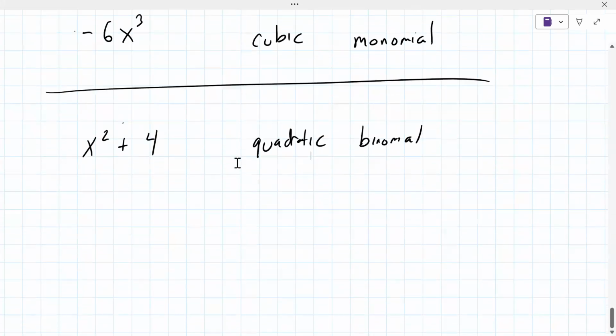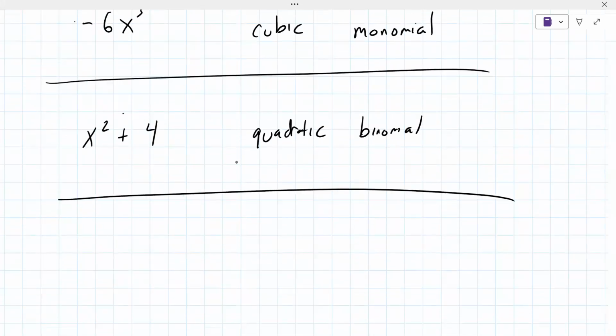So you go for the highest degree one. All right, let's give you another one here to think about. 1 plus 2x minus 5x cubed. Give me the name for this based on that list we went through.